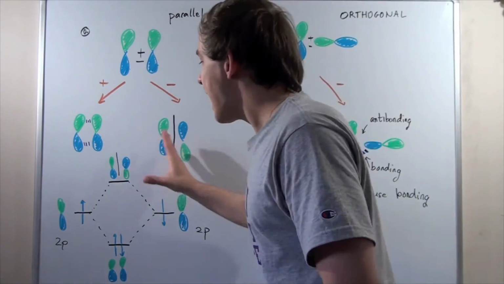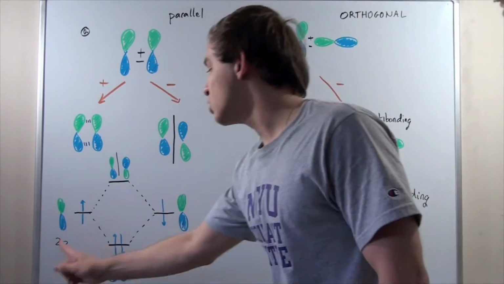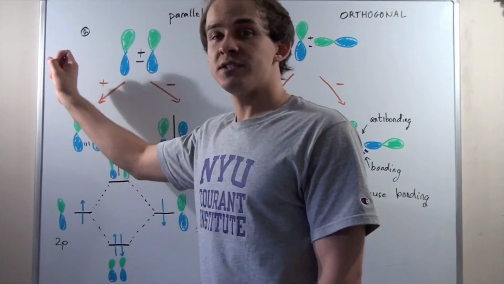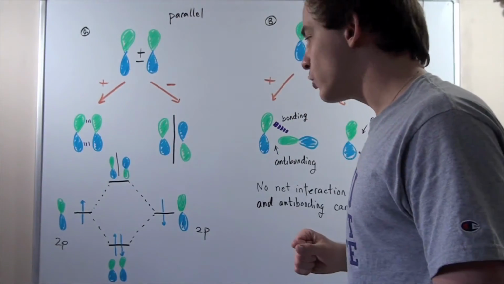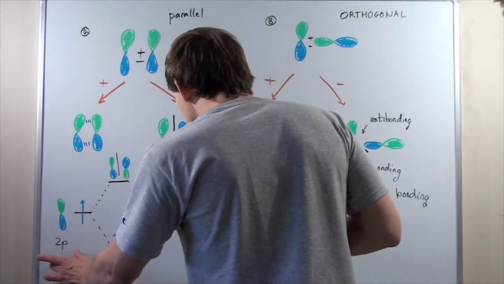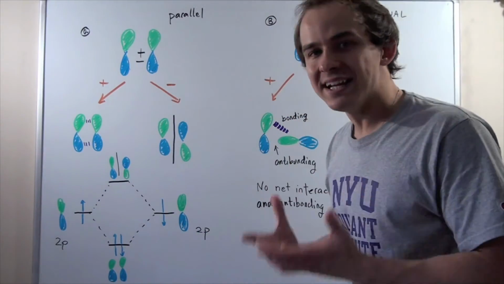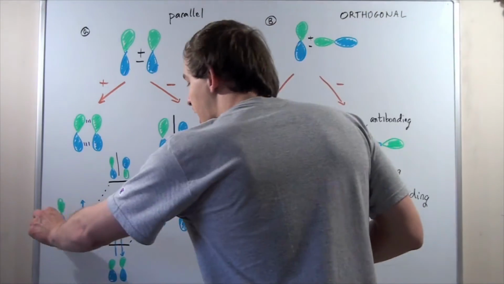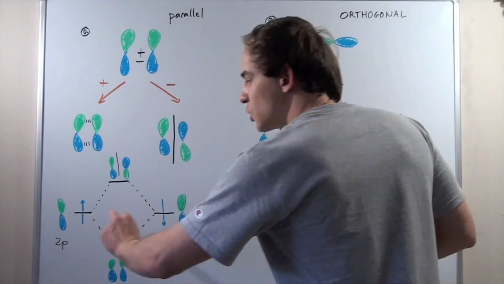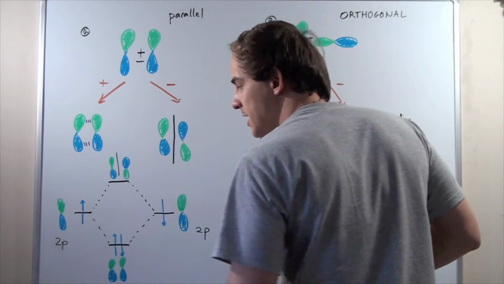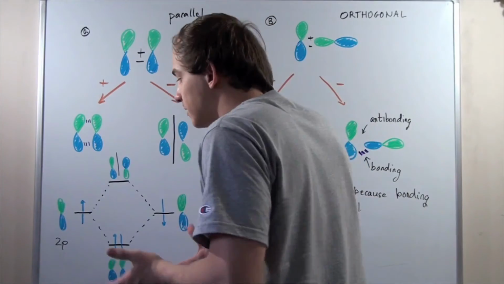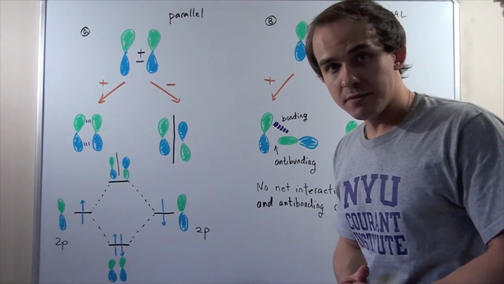So let's draw our energy diagram. Once again, going up, our energy increases, going down, our energy decreases. So, since our 2p orbitals are exactly identical, that means they're on the same energy level. Likewise, because they're identical, they each have one electron.